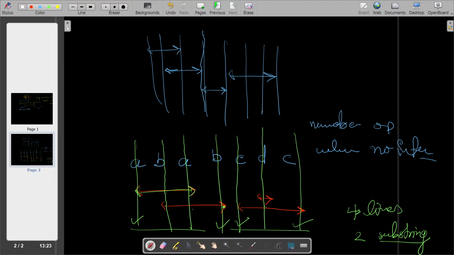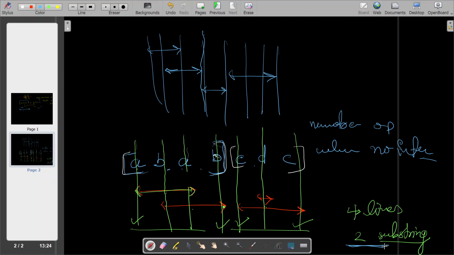So the substrings will look like this: A to here, and then this to this. Oh sorry, not this to this, because if we make a cut here, this will be separate, so we cannot take this way. So if you see here, nothing is common between them, because A and B are in one and C and D are in the other, so we can make a total of two substrings.